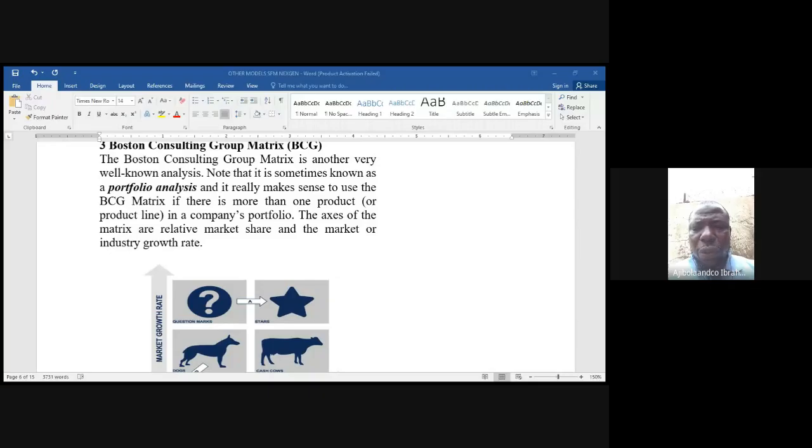BCG, Boston Consulting Group, originated from a country, a state they call America. Boston is one of the largest, if not the largest, consulting groups in the world today. They exist in about 150 countries, thereabout, and they consult for about 60% of the biggest companies in the world today. At least you know that they have some capacity.